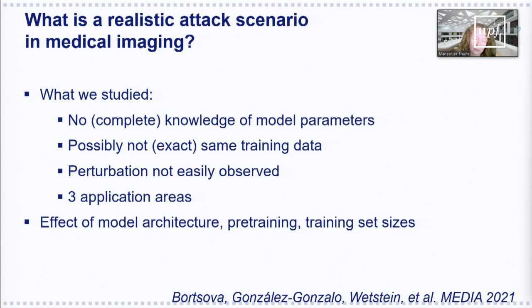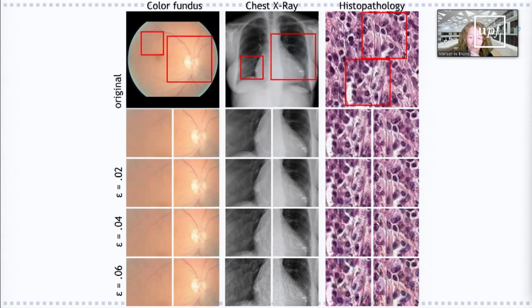We think it's realistic that an attacker may not have complete knowledge of model parameters and may not have had access to the exact same training data that the model was trained on. Then we looked at different models and different attack performances in 3 application areas and investigated the effect of changes in model architecture, pre-training on ImageNet in this case, and the effect of training set sizes.